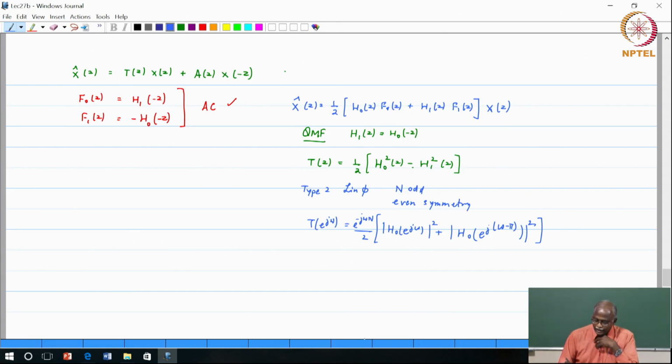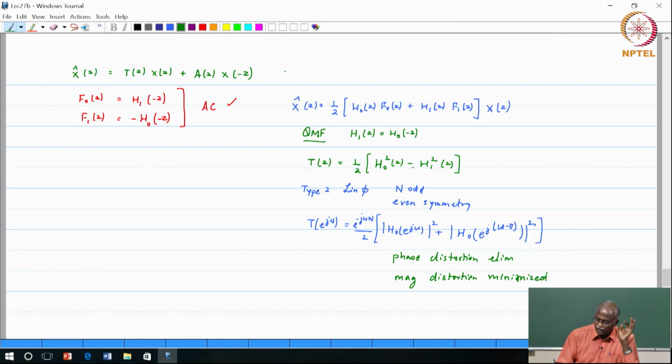So, phase distortion eliminated, but magnitude distortion minimized. I cannot say it is eliminated. Phase distortion eliminated, magnitude distortion is minimized. Okay?